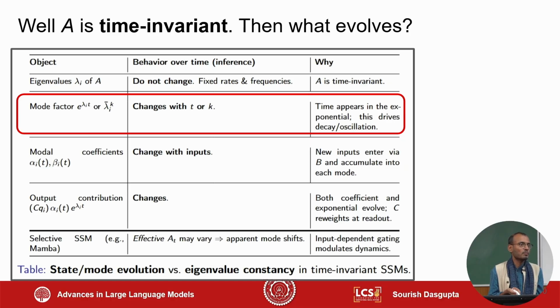This is called the mode. So while lambda for a particular A doesn't change, since t is evolving over time, that drift is seen. And thereby all the associated coefficients, like the real part and the imaginary part associated with that t, will push that drift to happen.